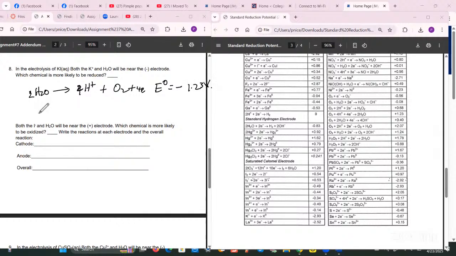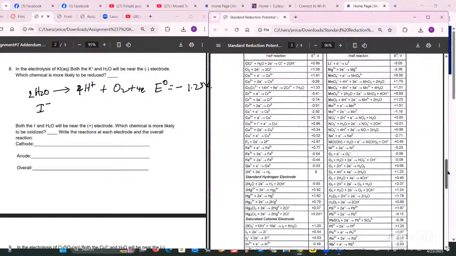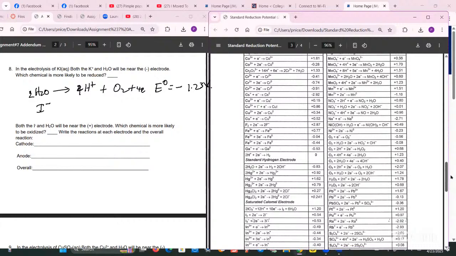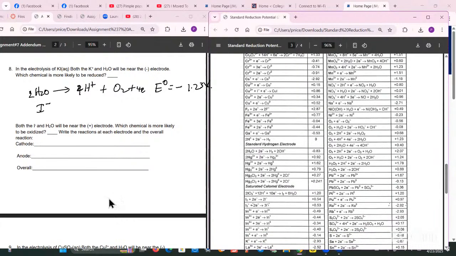Okay, and now I do have to look up the value for the reduction of I minus. So let me see if I can find it over here, in this table. I minus undergoing oxidation. Oh, wait a minute, wrong equation. It's reduction. I'm sorry about that. I just realized that I should be writing down the reduction equation here.